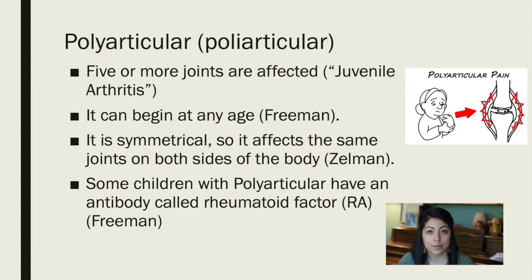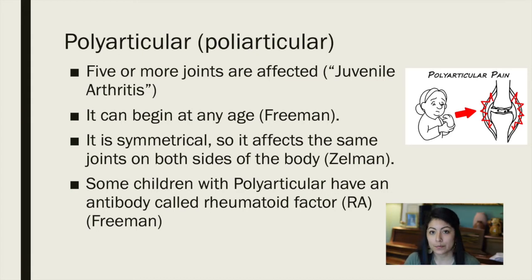Then we have polyarticular. It affects 5 or more joints. The joints affected are mainly small joints, but of course the larger joints may be affected as well. It can begin at any age, and it is also symmetrical, which means that the joints in both sides of the body are affected.